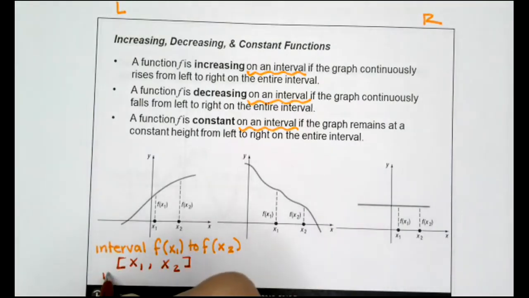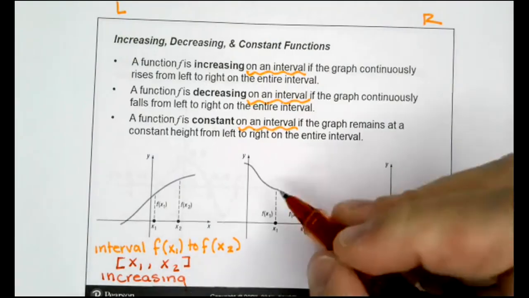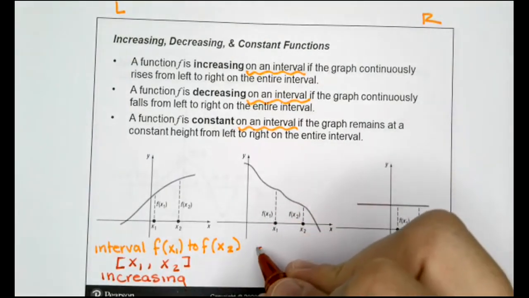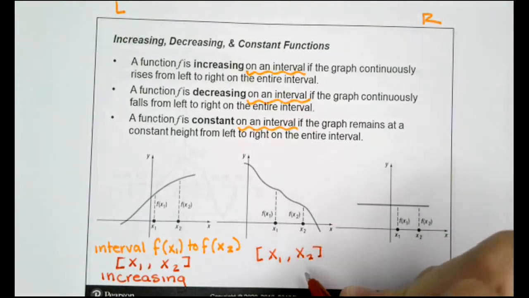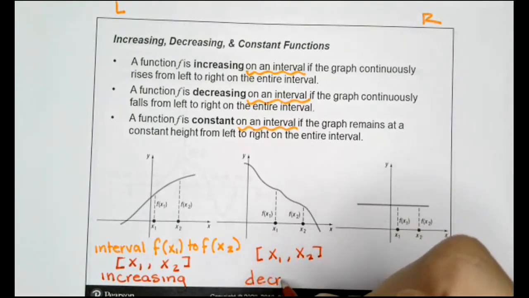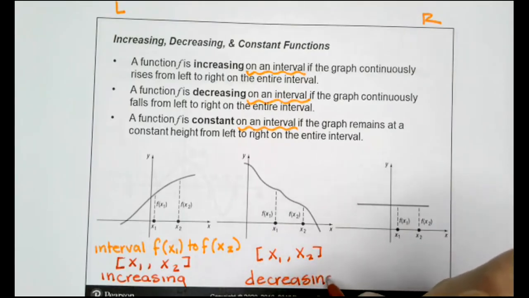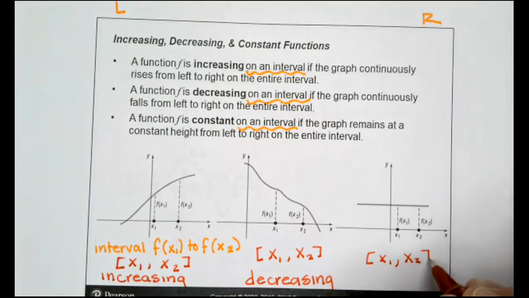Or increasing. This says x1 to x2. x1 to x2, it is decreasing. And here, x1 to x2, it is constant.